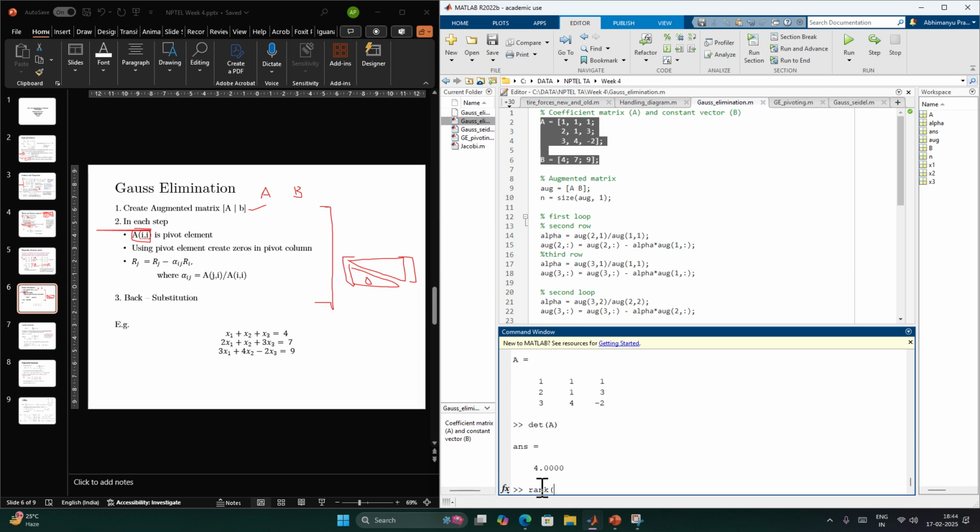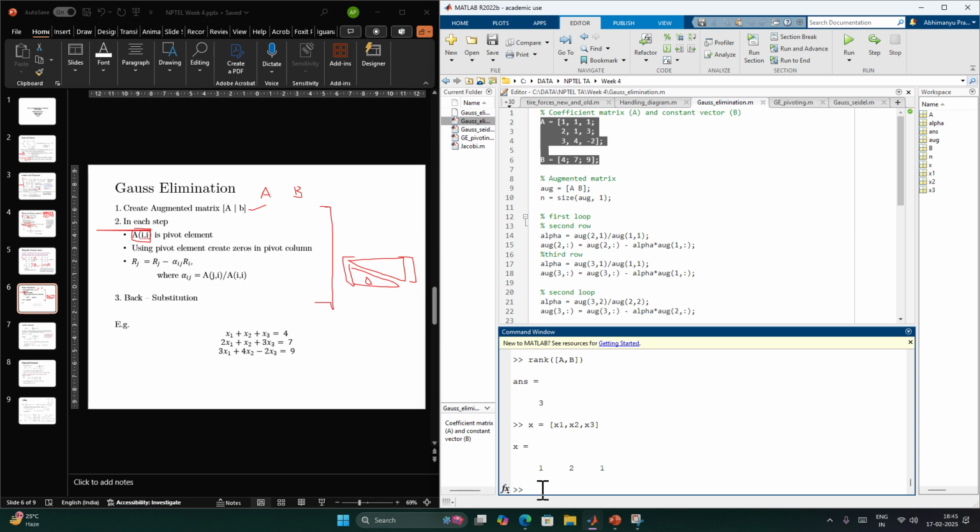Now I calculate the rank of A, that is 3, and the rank of the augmented matrix is also 3. So we have a unique solution. This is what we got using Gauss elimination.